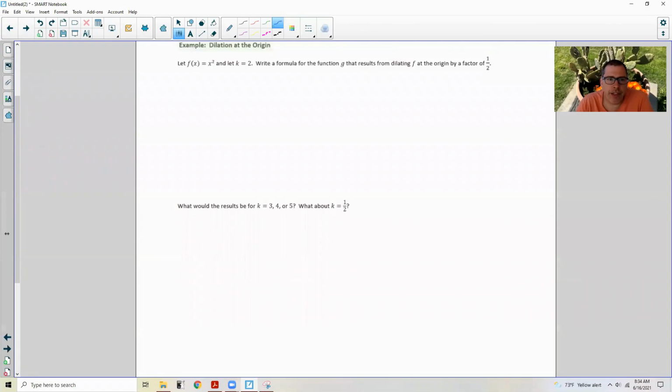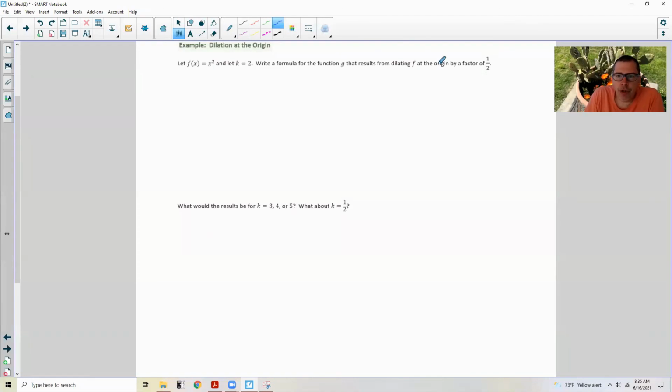So now page 6, let's get to the example, dilation at the origin. So now we have the parent function, let f of x equal x squared and let k equal 2. Write a formula for the function g that results from the dilation of f at the origin by a factor of 1/2. Okay, so we're going to get a function g of x, says right there g, so I'm going to write g of x equals, and they want k to equal 2.